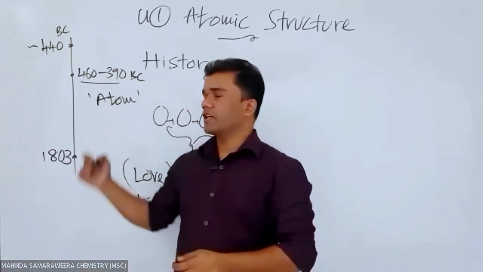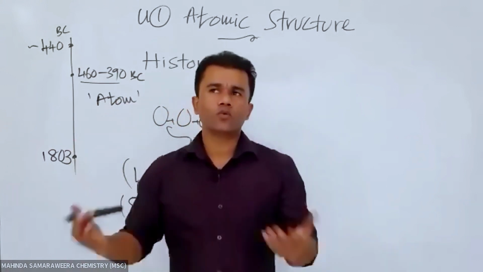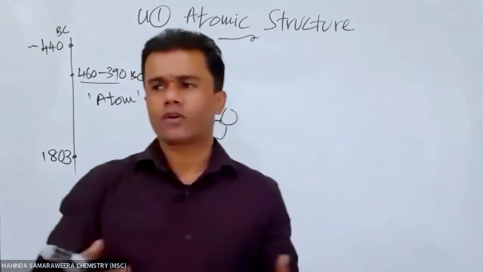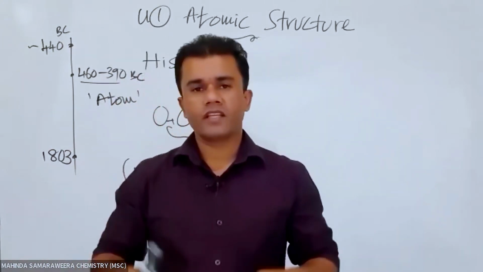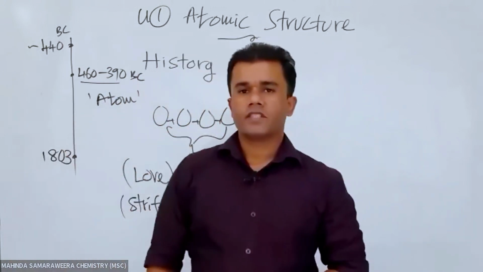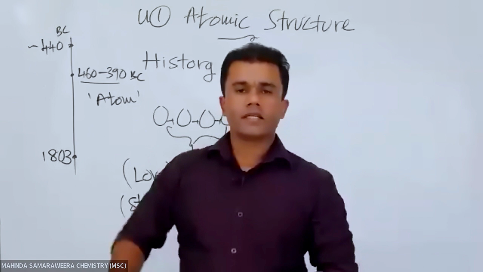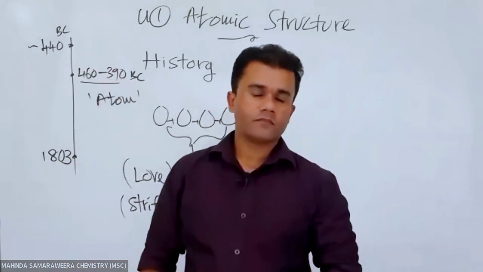But in the same period, two more famous philosophers were there, Plato and Aristotle. They rejected this one. They said no, that's not correct. Then they gave a different idea, again similar to Empedocles's. Then what happened, do you know?